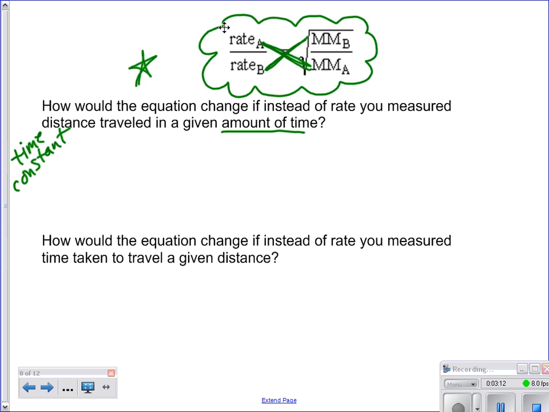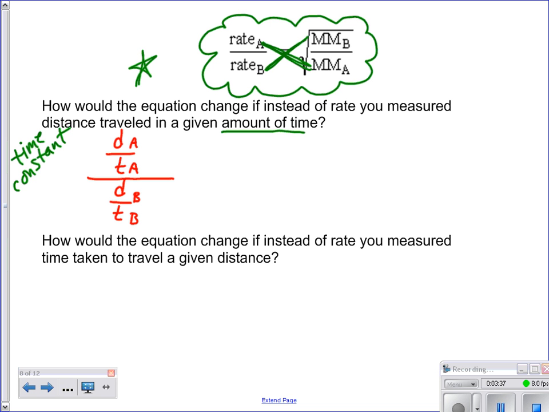What is it? Miles per hour. Miles per hour. So you're looking at distance over time. So if we have distance divided by time for one gas, A, all I did was change rate to the actual formula, divided by distance divided by time for B. So I changed my formula around.